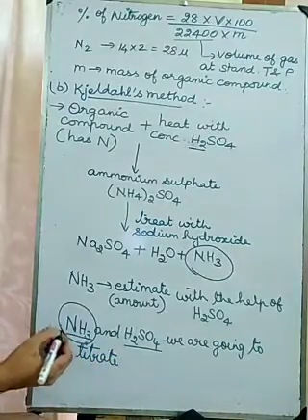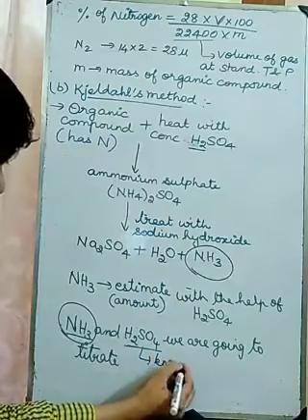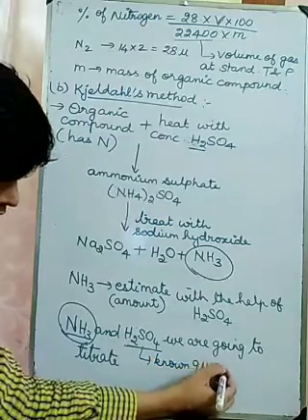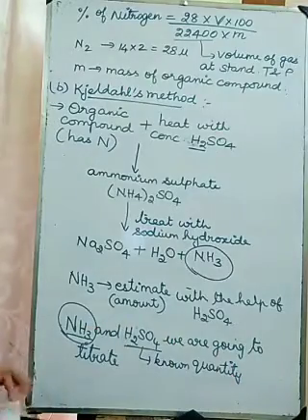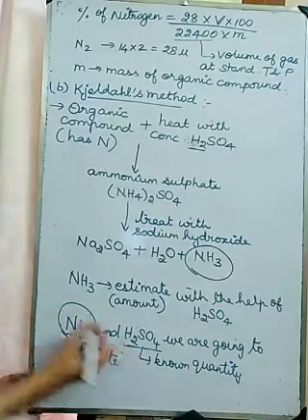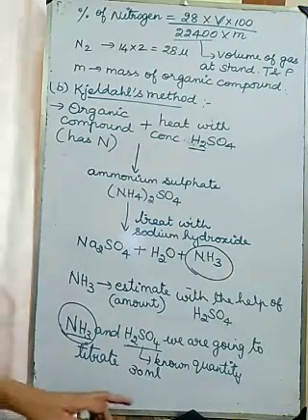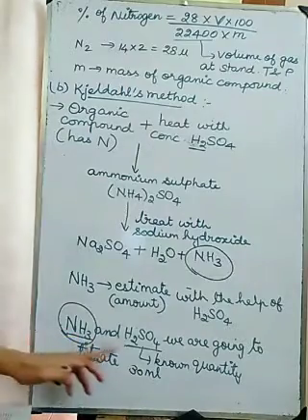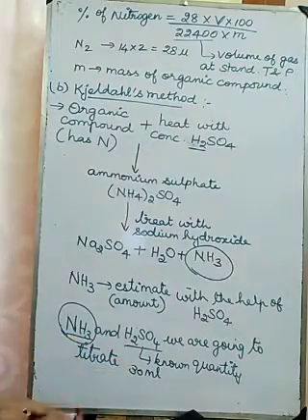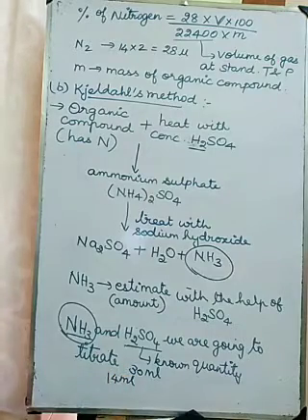This sulfuric acid we will be taking in a known quantity. For example, suppose you take 30 ml of sulfuric acid, and the ammonia reacts with 14 ml of sulfuric acid.